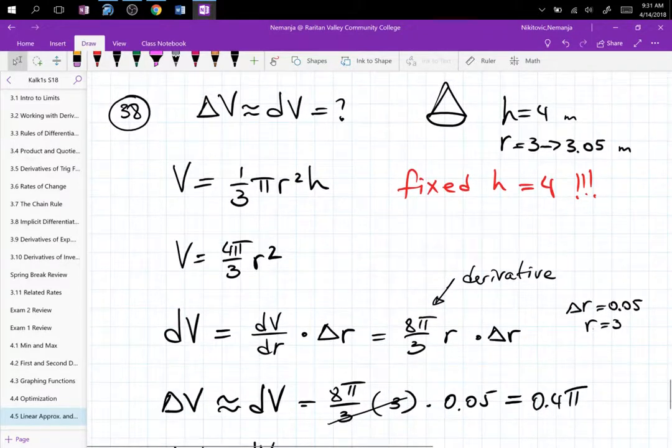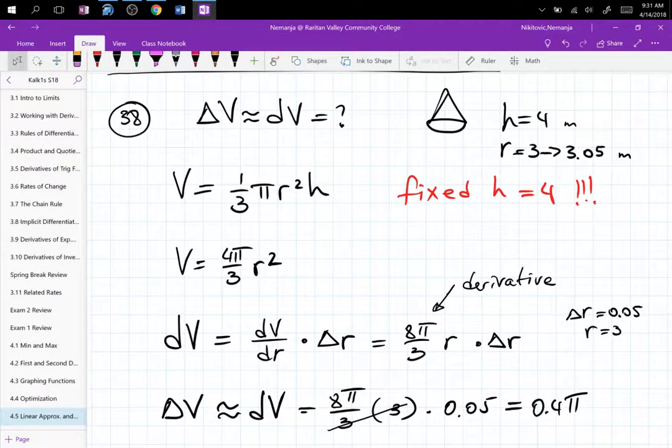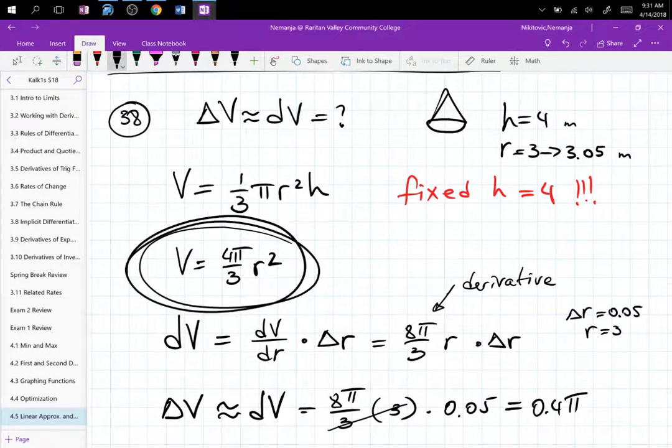Now, you can compute the exact value if you take your volume formula, plug in 3.05, and plug in the other value. Let's see what the exact value is, just for fun. So 4 pi over 3 times (3.05 squared minus 9).